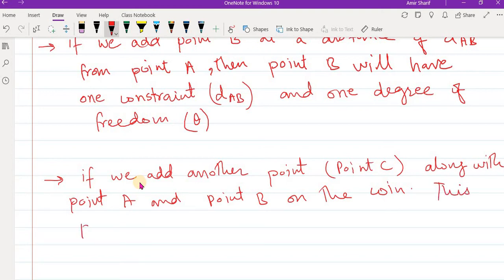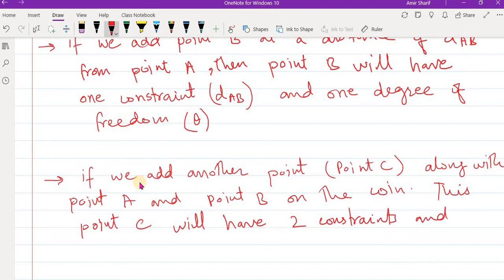This point C will have two constraints and 0 degrees of freedom.